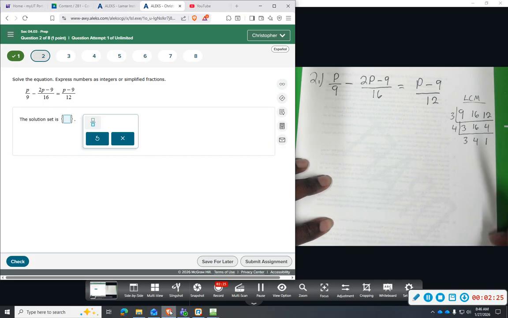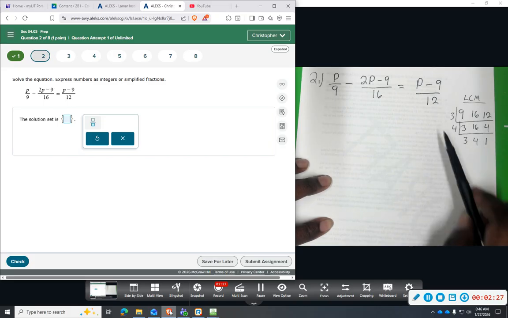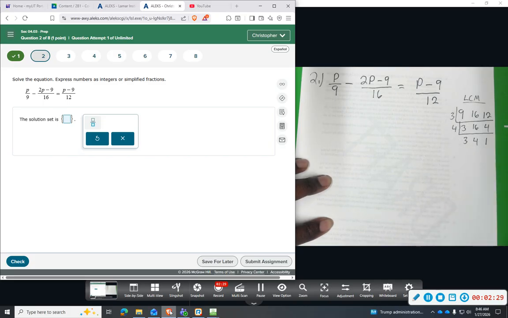At this point, all of these numbers are relatively prime to each other, meaning they have nothing in common. Once you complete this process, we just multiply all of the outer numbers. It makes a little L shape, as you see. L for least common multiple.